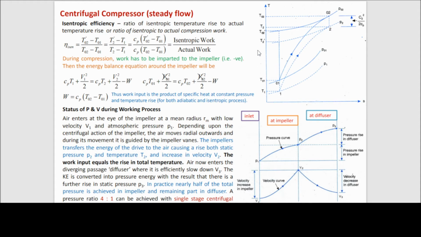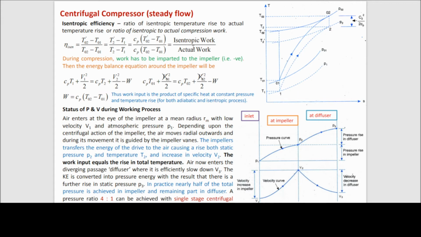So there is a loss actually, so you can define an efficiency there, that is isentropic efficiency. See, the isentropic work is lesser and the actual work is more. So because of that we can compare these two quantities, and this is called isentropic efficiency.